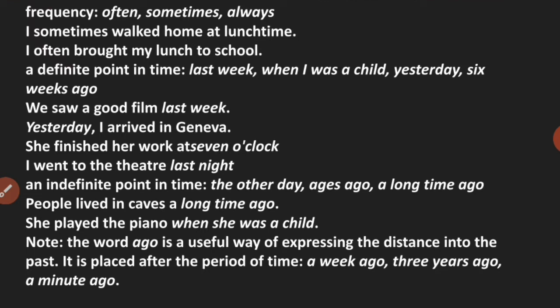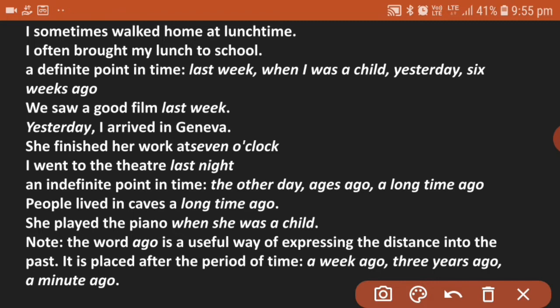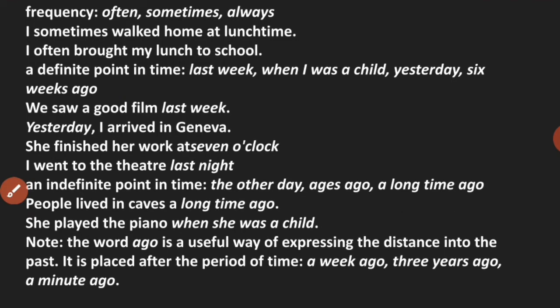Students, here you can check. First of all, we have to look at frequency: often, sometimes, always. Here is the first example: I sometimes walked home at lunchtime.